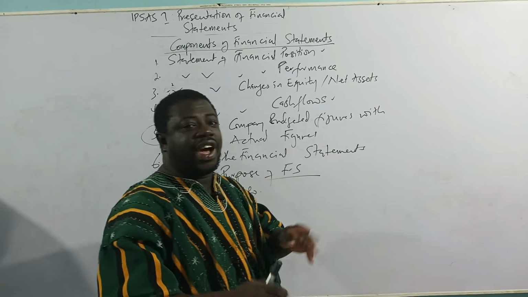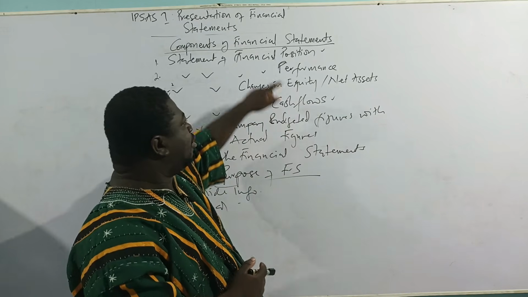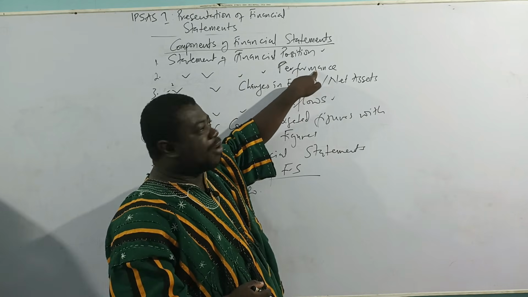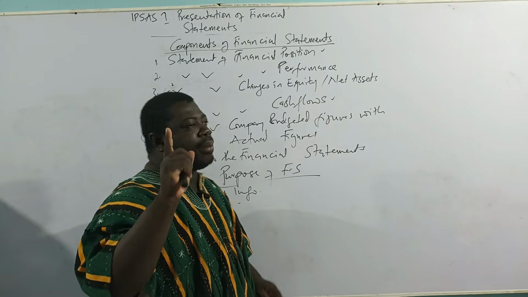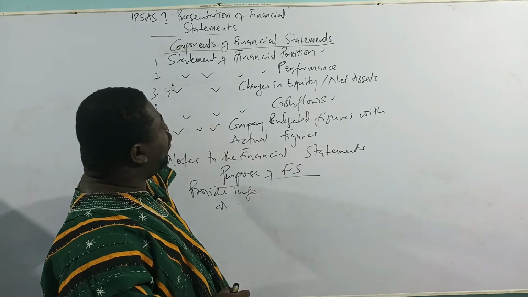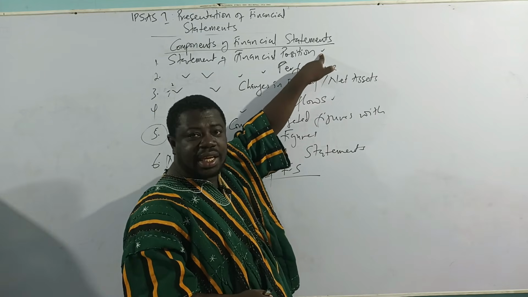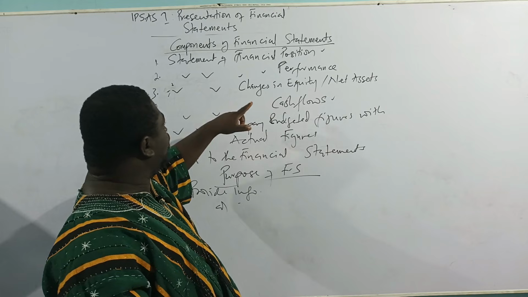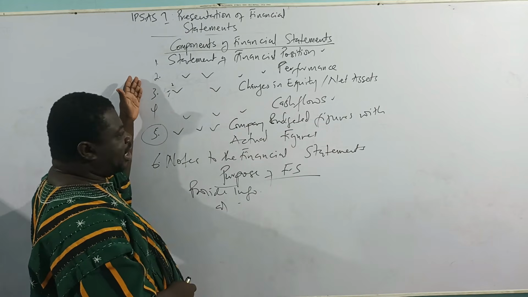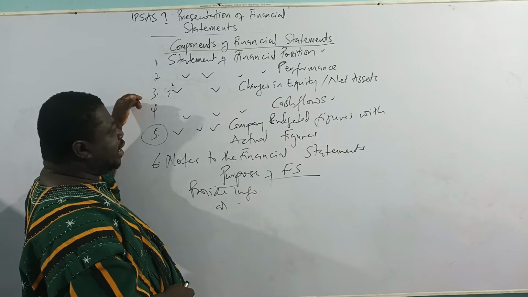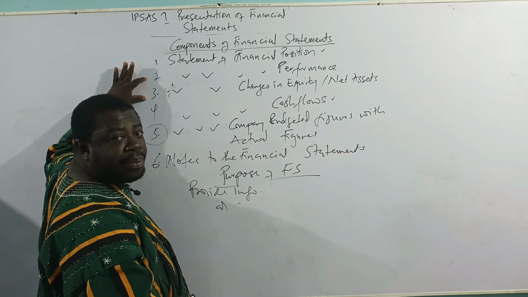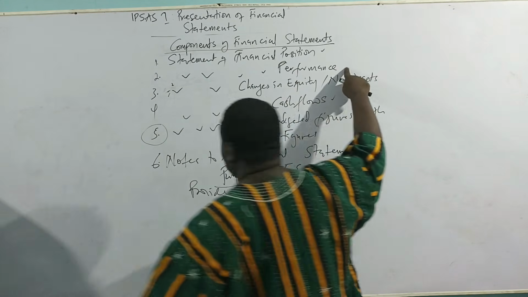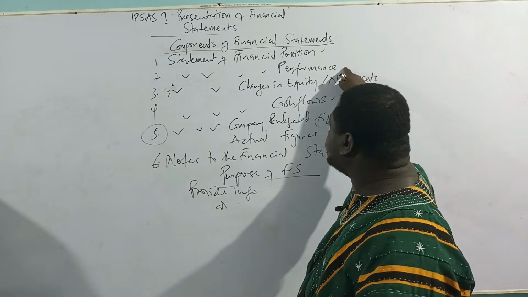So what we are saying is that the purpose of the financial statements that we prepare is to provide information about 3 things: financial position, financial performance, and cash flow. The financial position is reviewed by the statement of financial position. Financial performance is reviewed by both the statement of financial performance and the statement of changes in equity. Both of them review financial performance, so it is not only the statement of financial performance. Kindly take note.